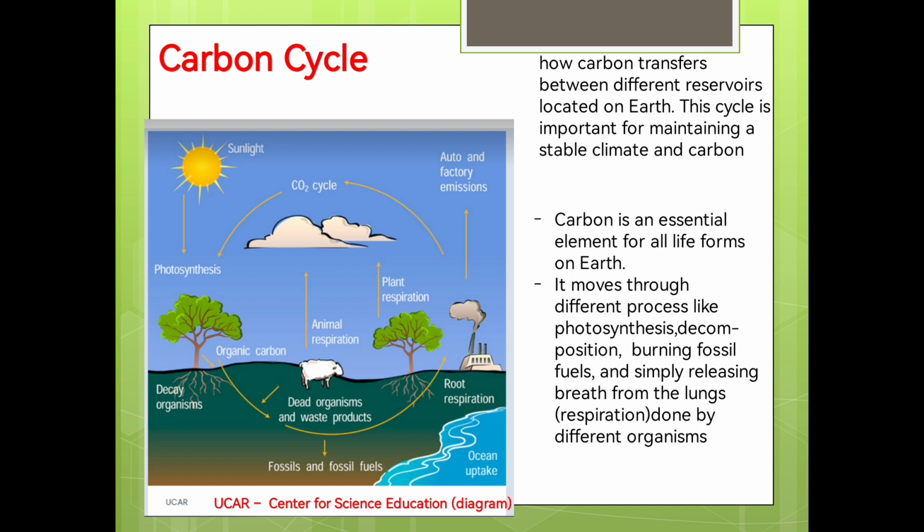Carbon dioxide is present in the atmosphere and is used up by plants together with sunlight for photosynthesis. Photosynthesis is a process by which carbon dioxide breaks down into different compounds that can be used as food or nutrition by the plants, releasing oxygen into the atmosphere.